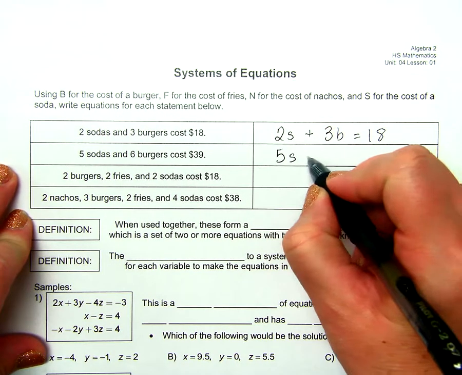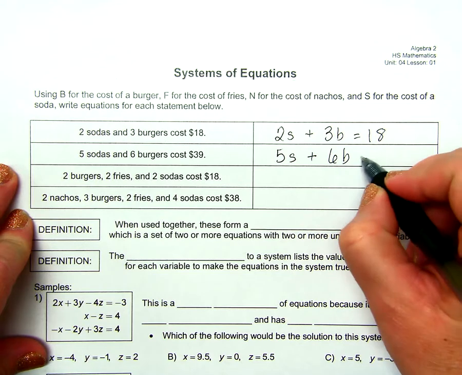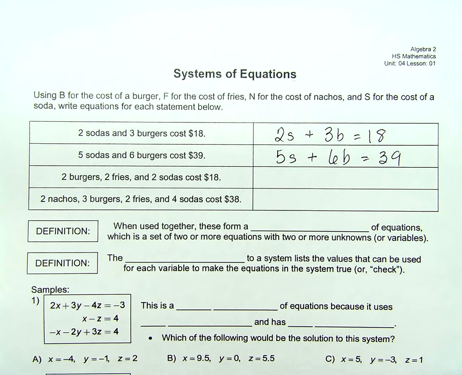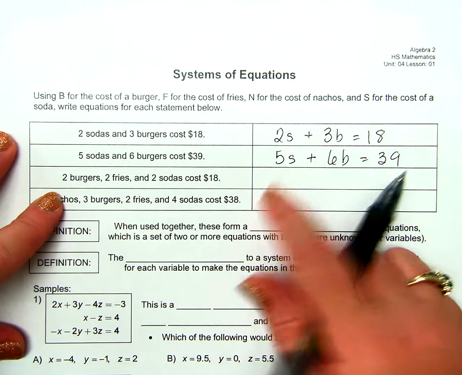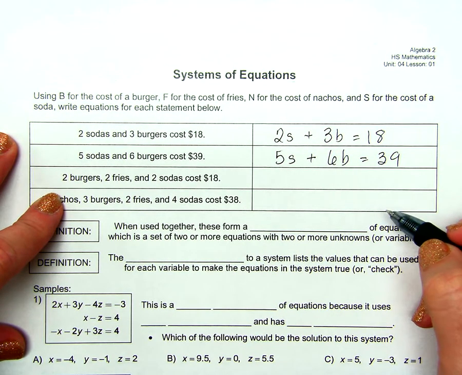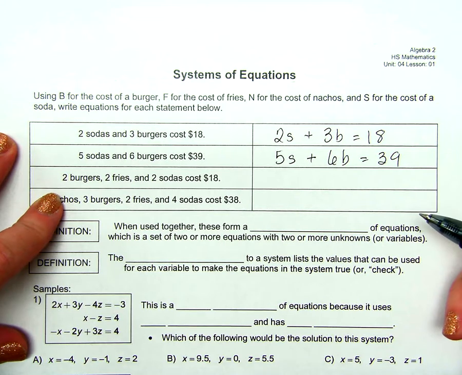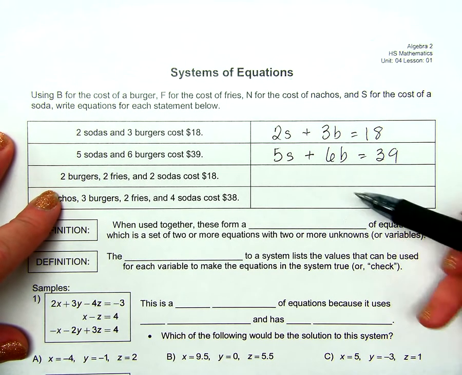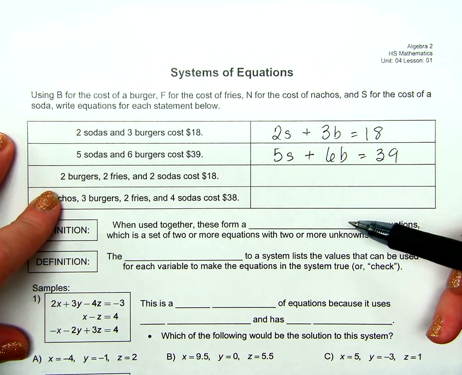5S plus 6B equals 39. Now, is this hard? No? Okay, then keep going. 2B plus 2S. Now I don't know what to do, because the B's are right here. Do I have to line up my letters? No. Really?